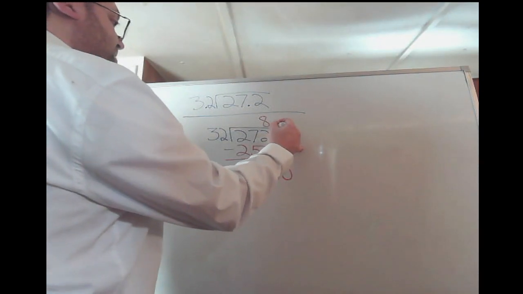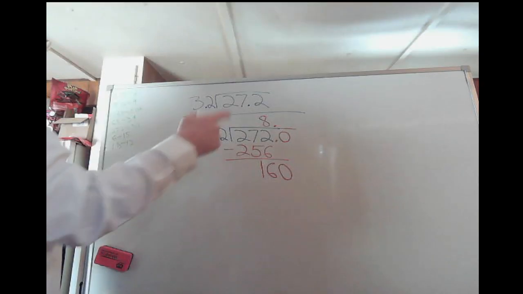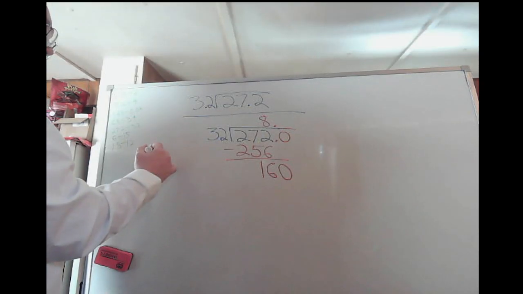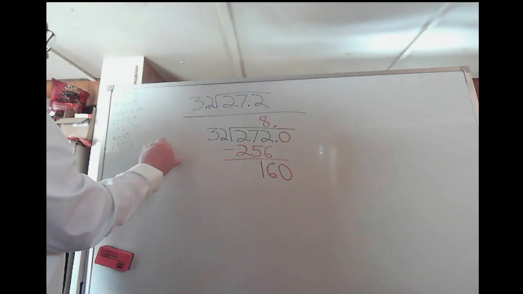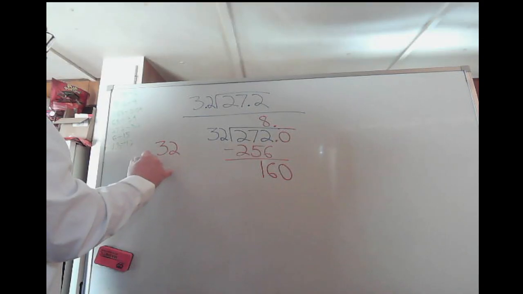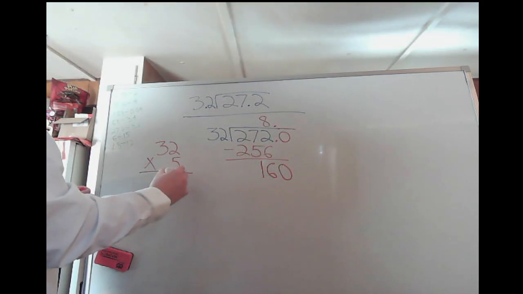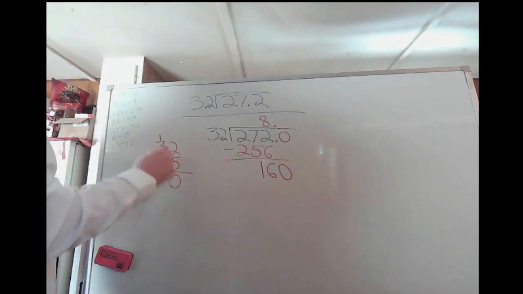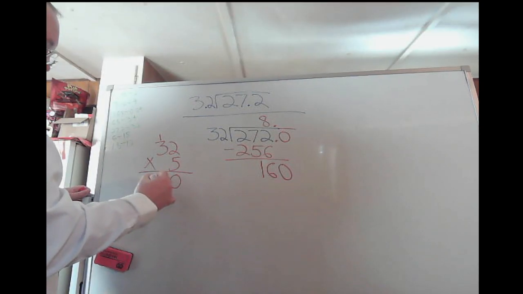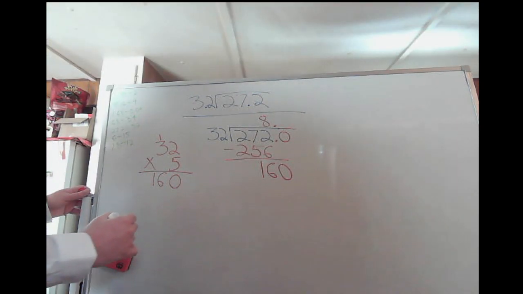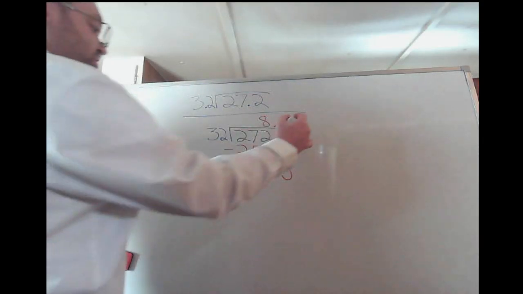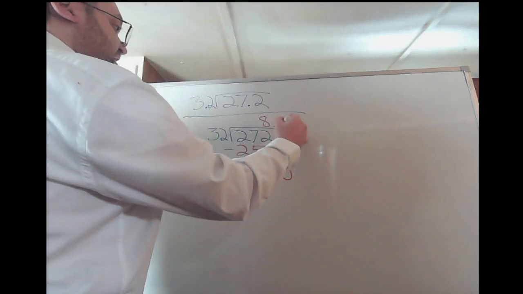Don't forget to stick that point where the 0.0 is up in the quotient. So 32 goes into 160. I'm going to say 5 times. 2 times 5, that's 10. Keep the 0, carry the 1. 5 times 3 is 15, plus 1 is 16. So it turns out it goes in exactly 5 times.